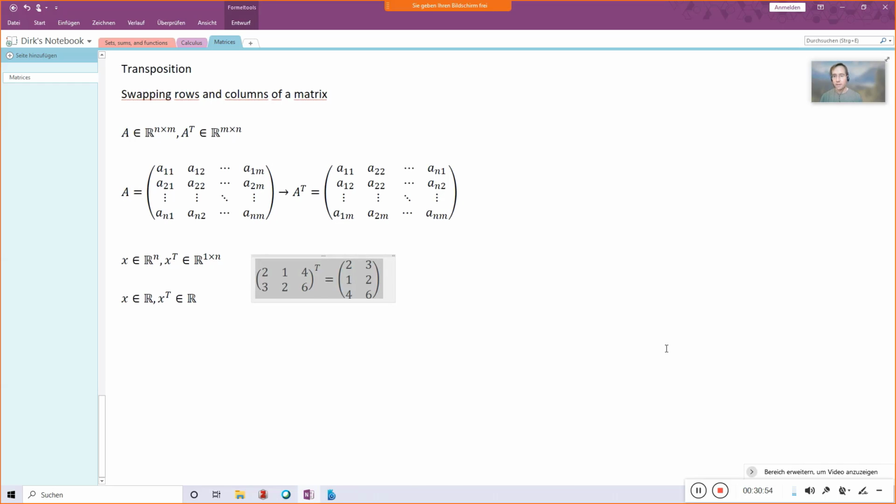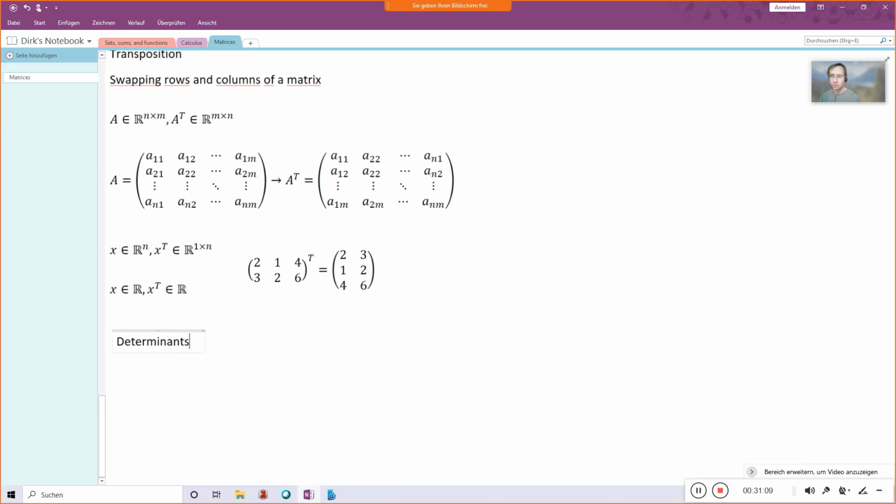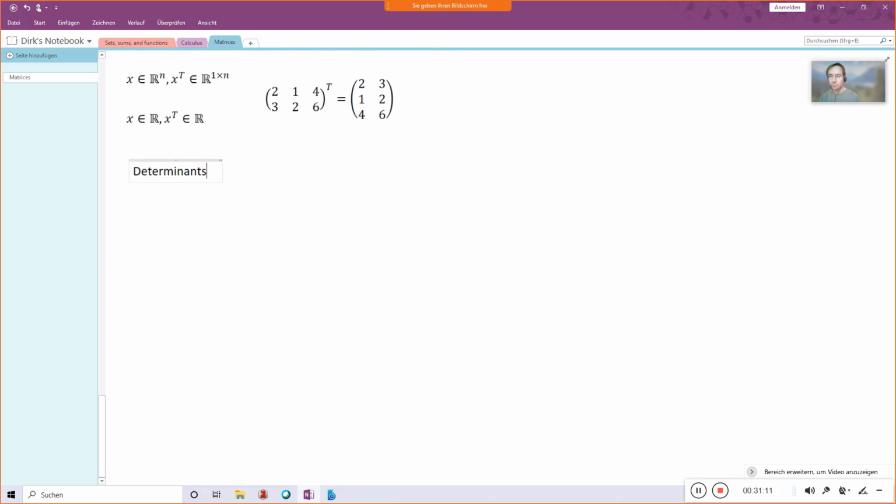Okay, then very briefly about determinants. Determinants are something that we only will see in the multivariate Gaussian distribution, or PDF, I should say. So the probability density function of a multivariate Gaussian.